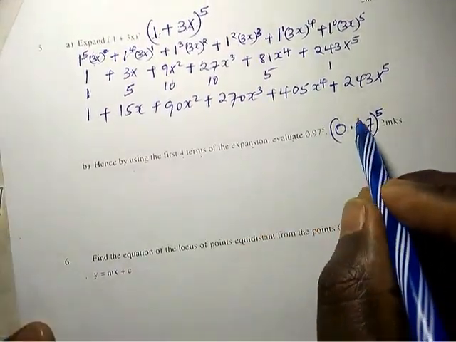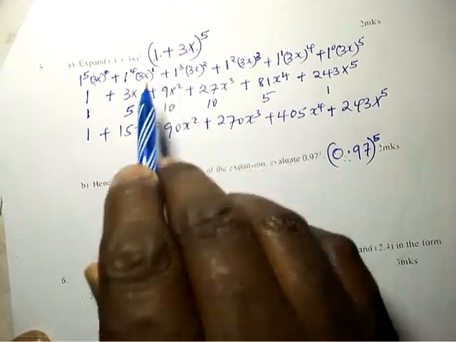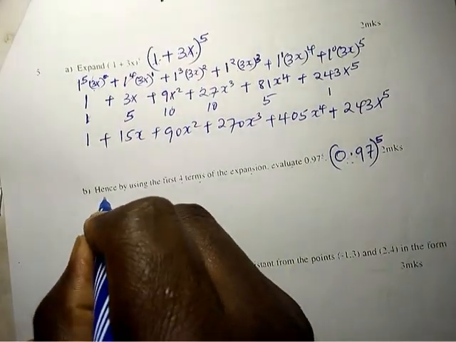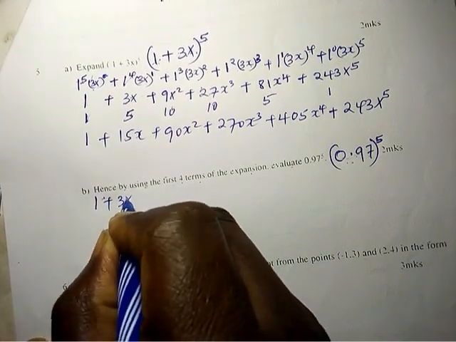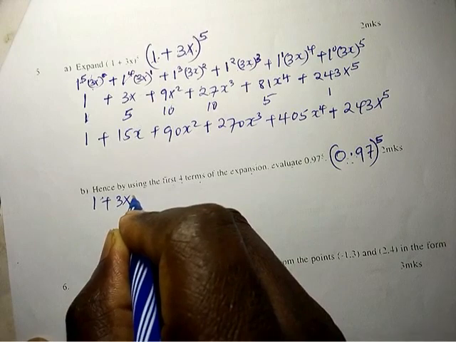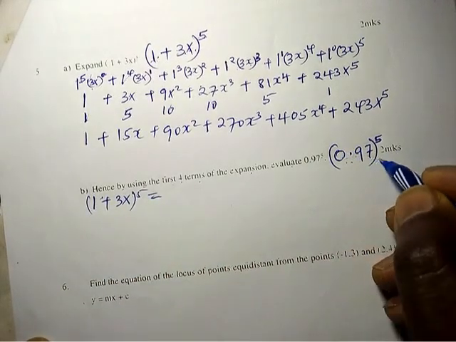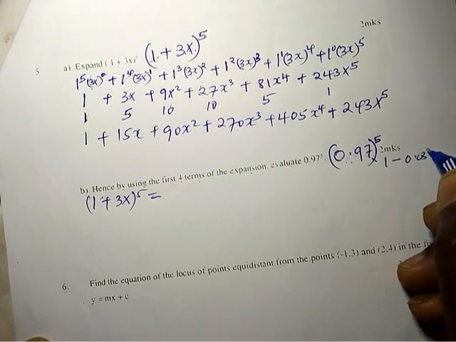So first, how else can we write this number in the form of this? So this number is actually 1 plus 3x raised to power 5. The other way we can write this one is 1 minus 0.03 raised to power 5.